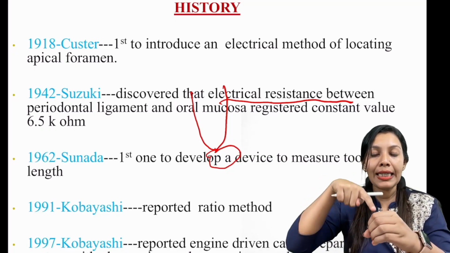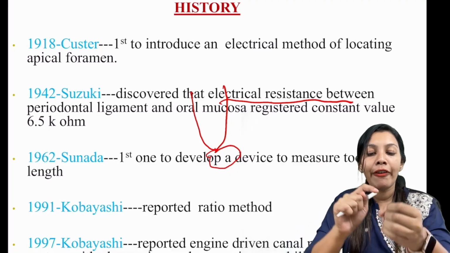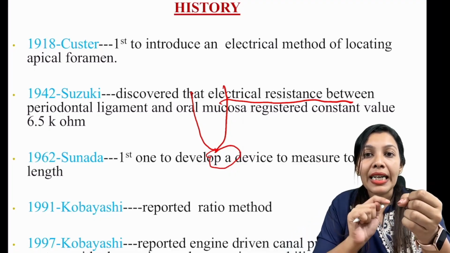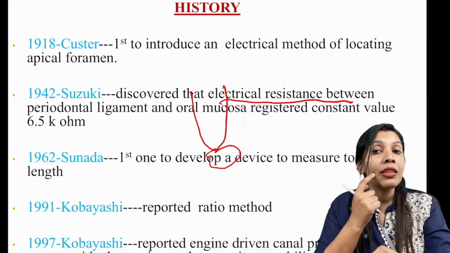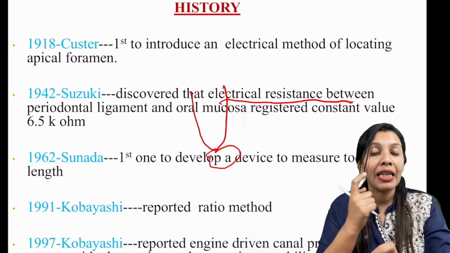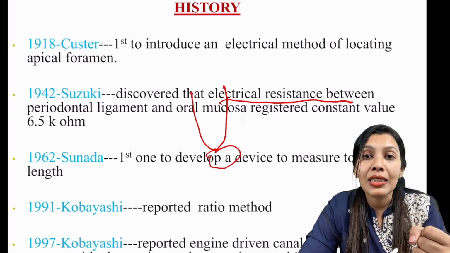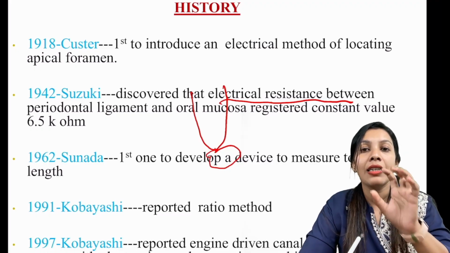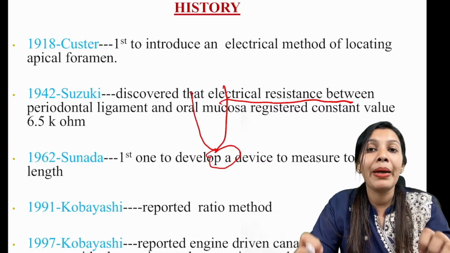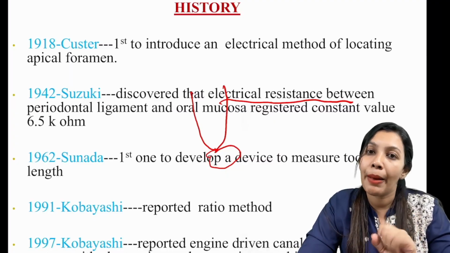So when we insert the file in the canal, when the file reaches the apical foramen and reaches the periodontal ligament, the resistance of the lips gets matched with the resistance of the periapical space, that is 6.5 kilo ohm. That is when we hear the beeping sound from the apex locator.